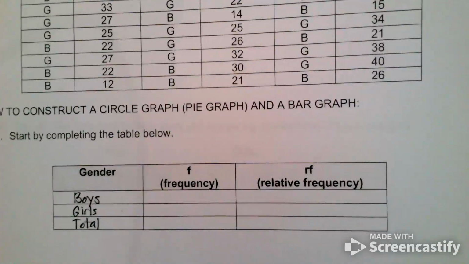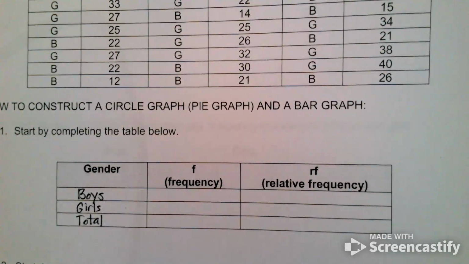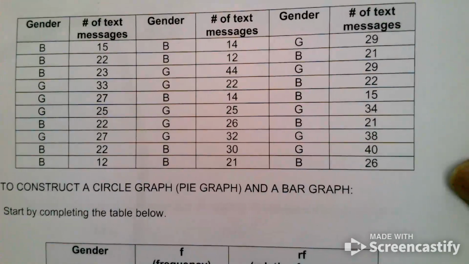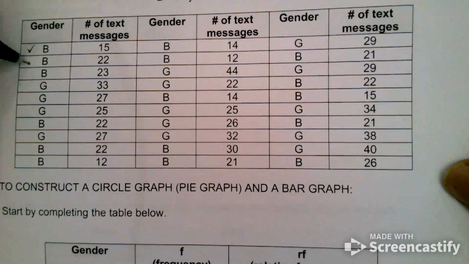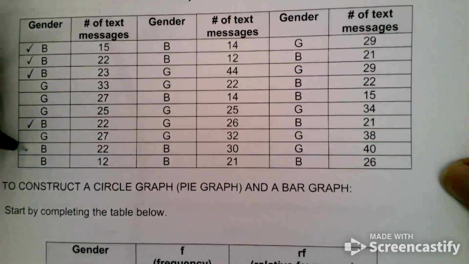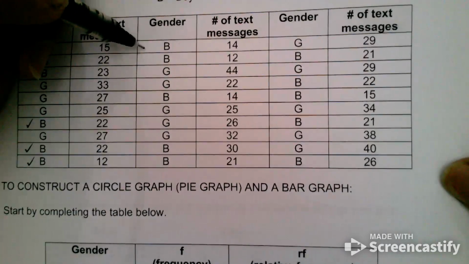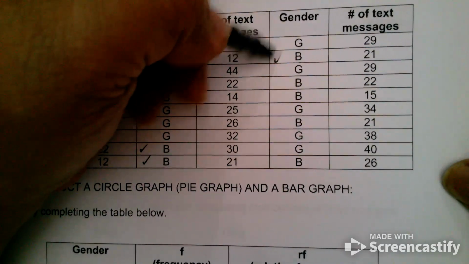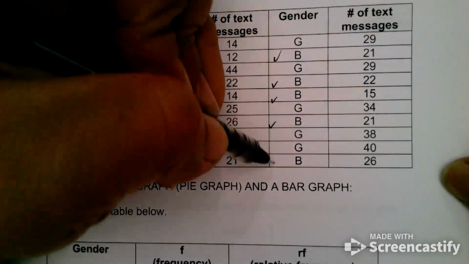Clear so far? All we have to do is simply count how many boys there are. So let's count: 1, 2, 3, 4, 5, 6, 7, 8, 9, 10, 11, 12, 13, 14, 15, 16.